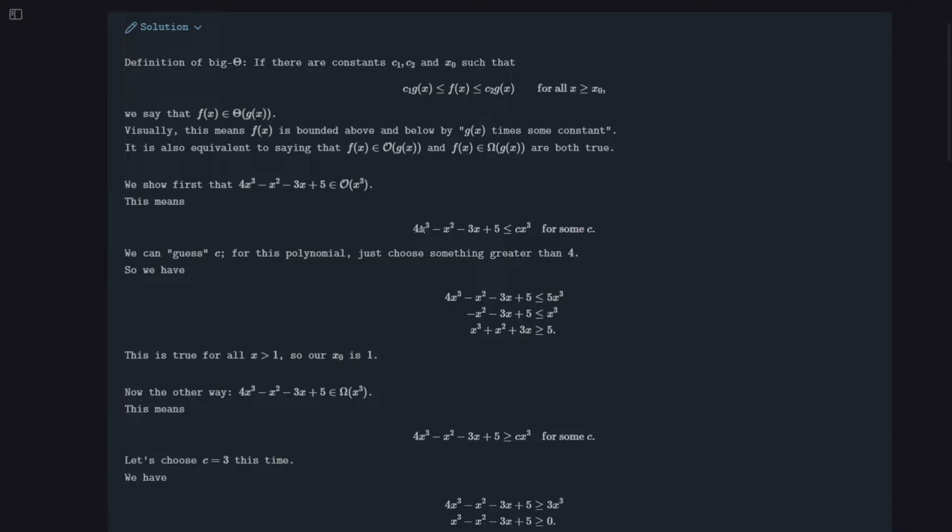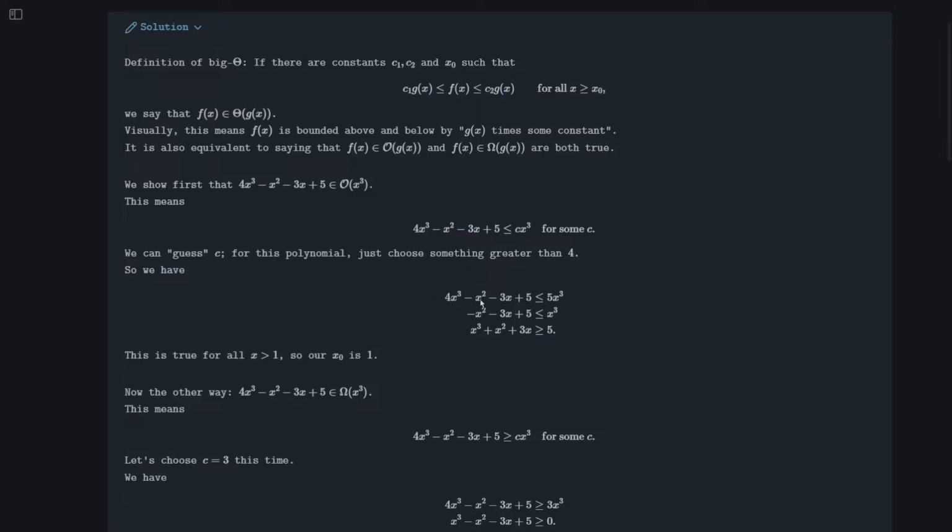So anything greater than 4 would work. The simplest choice in this case would be 5, since 5 minus 4 is 1. So we write this inequality with c equal to 5.